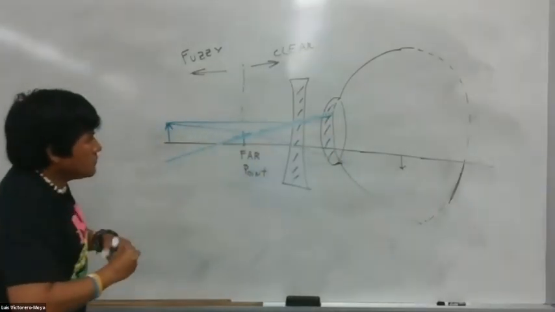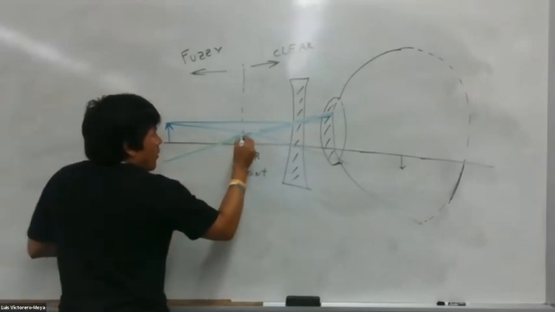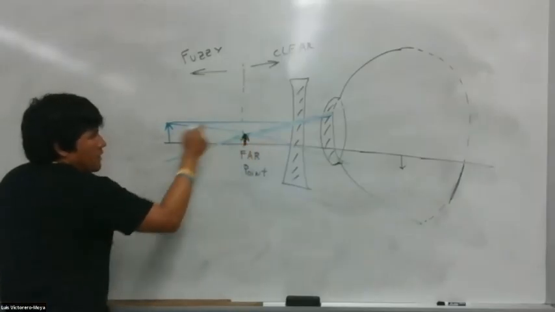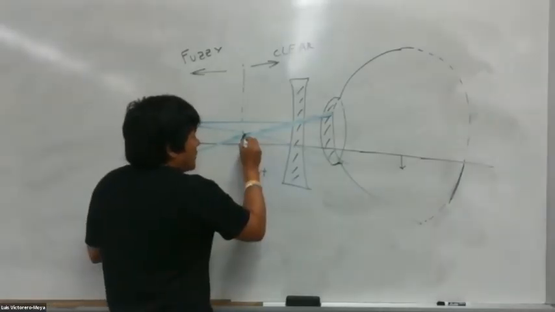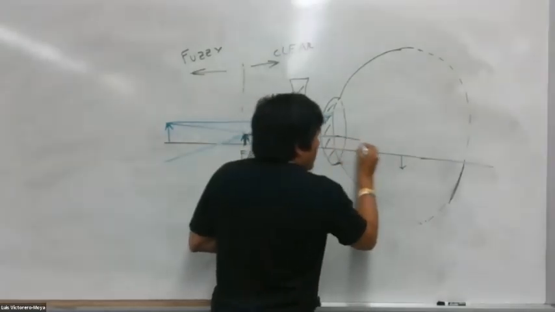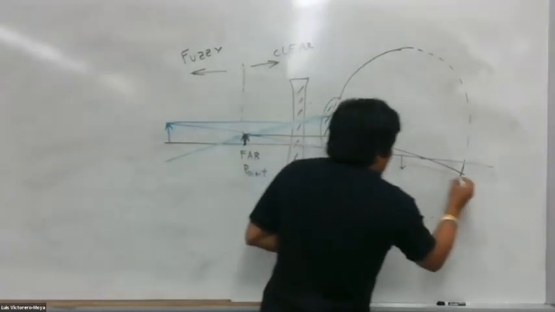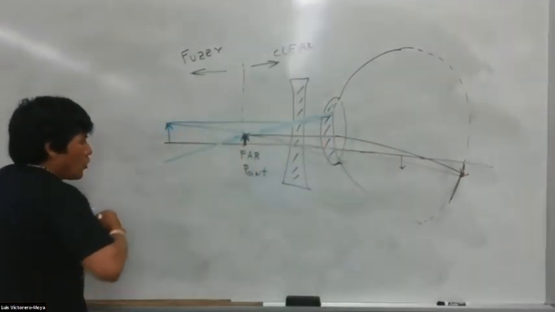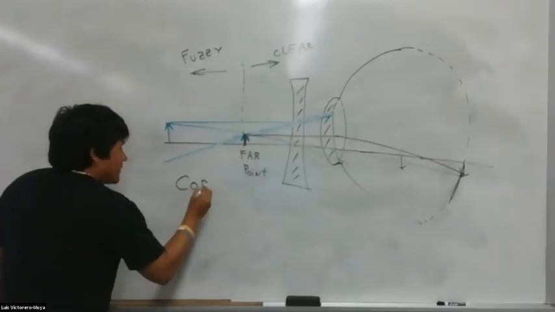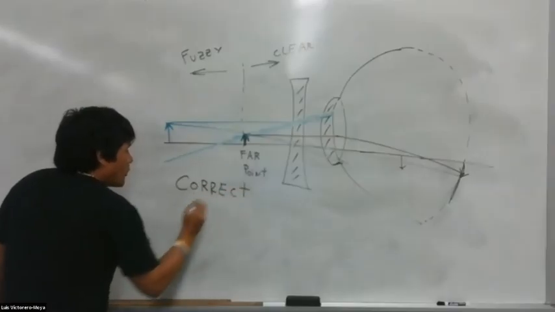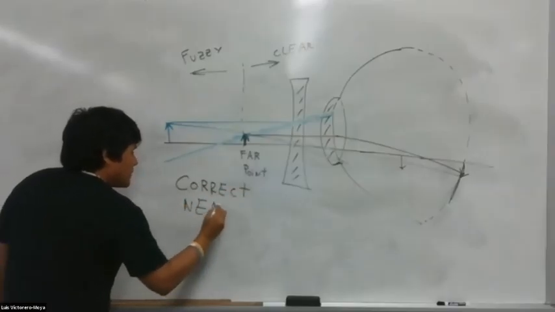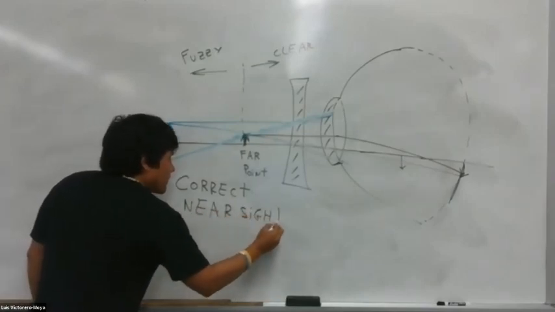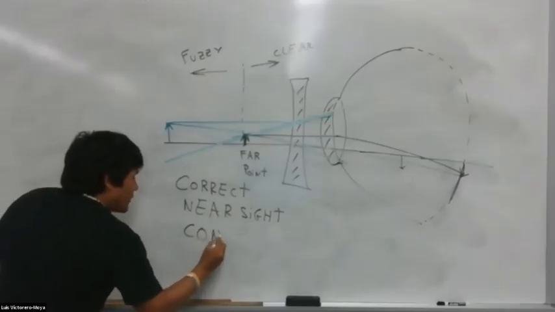So that image now of this object is there. And now, if I use this, this will be exactly on the retina there. So to correct for near sight, we use a concave lens.